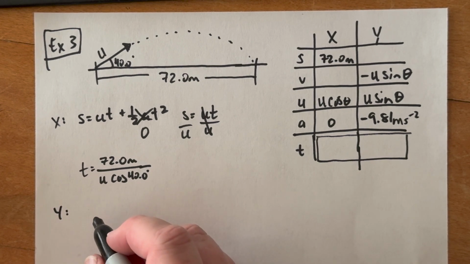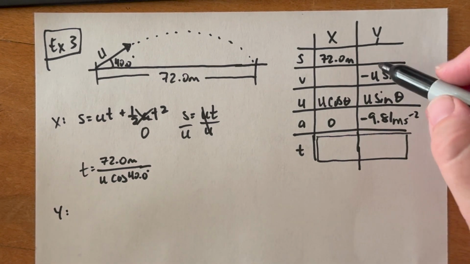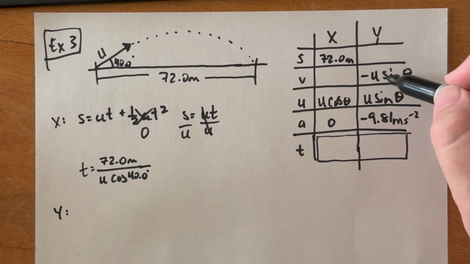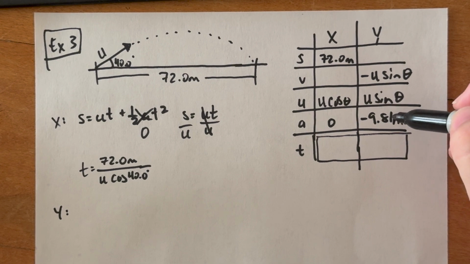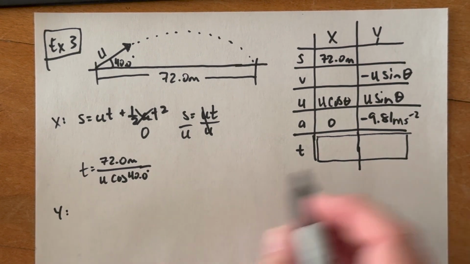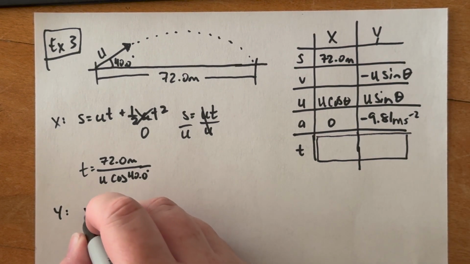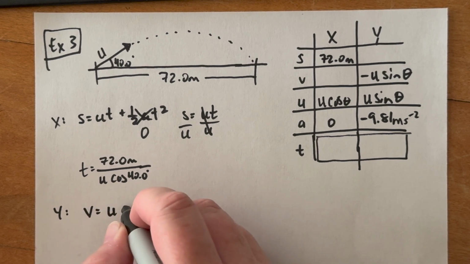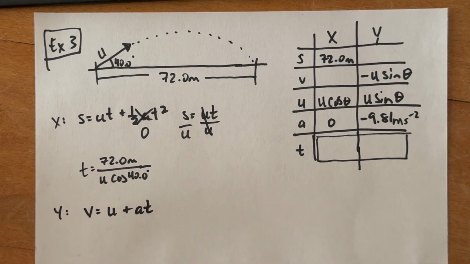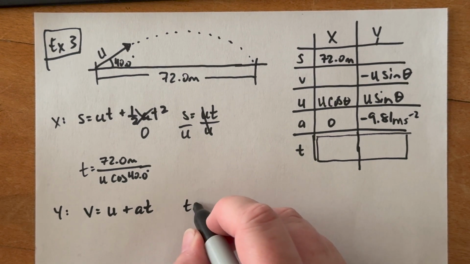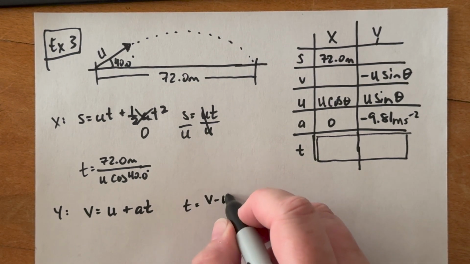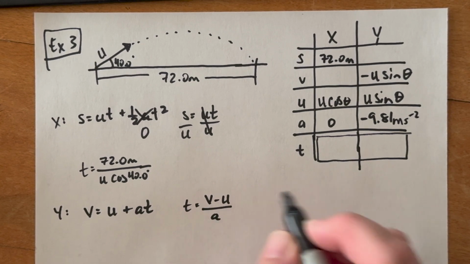We can also do that in the Y direction. However, we won't use the same equation because in the Y direction we know our final velocity, our initial velocity, and the acceleration that we have. We're solving for time, so we can use equation 1. It's v equals u plus at. When we rearrange that for t, subtract u from both sides and divide by a, we get that t is equal to v minus u over a.